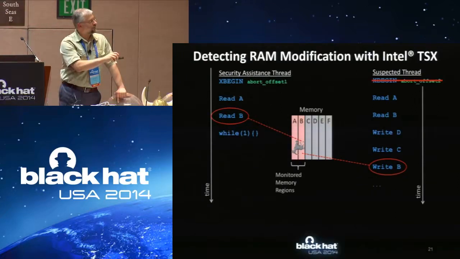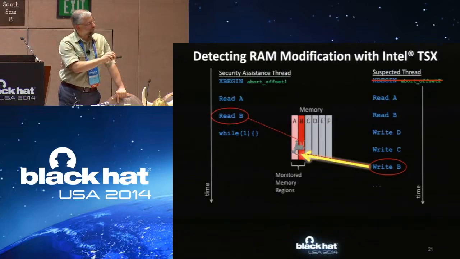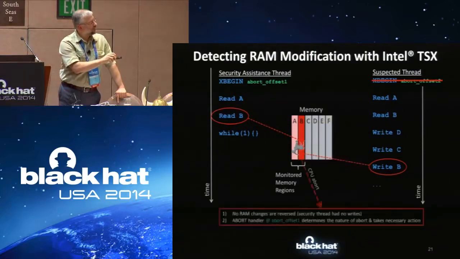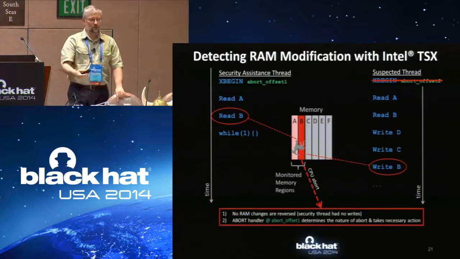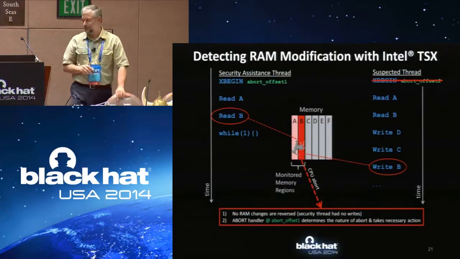So that first security thread can just spin here without actually repeating the reading. And as soon as the suspected thread writes to that particular cache line, we get an abort. Only in this case, there is no memory reversal.